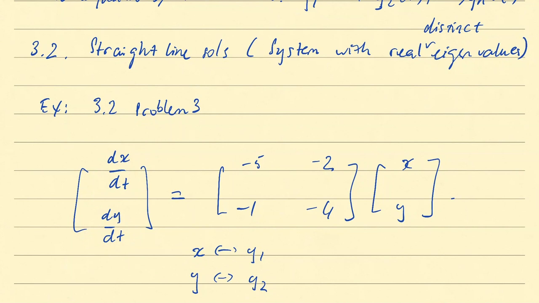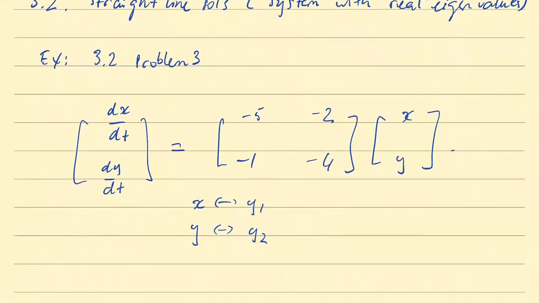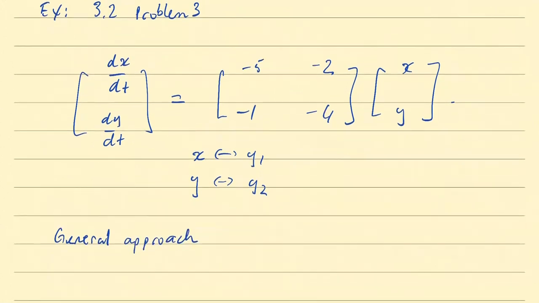Now how do we solve for a system like this? So the general approach, and I will go back to my abstract structure of the equation, which is dy/dt equals A times y.